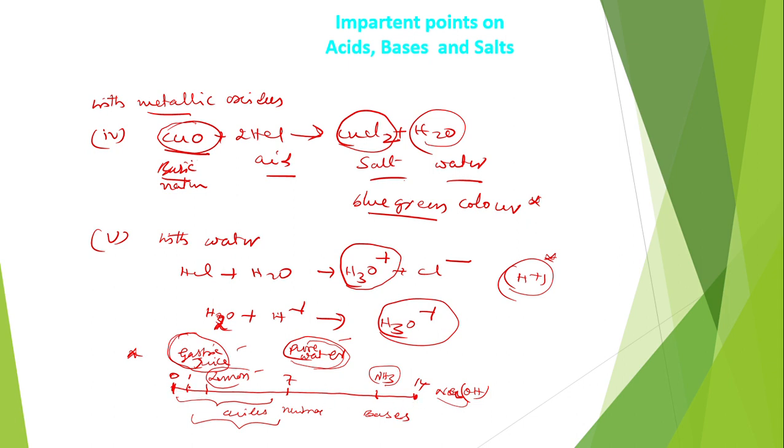In that, pH 1 is gastric juice, 2 is lemon, 7 is pure water, and 14 is sodium hydroxide. This is also very, very important. So you have to keep it in mind.